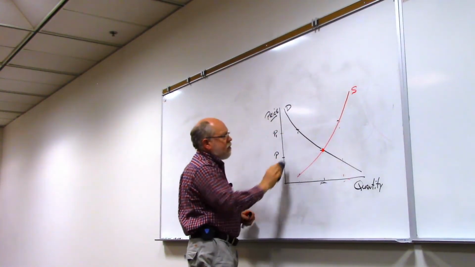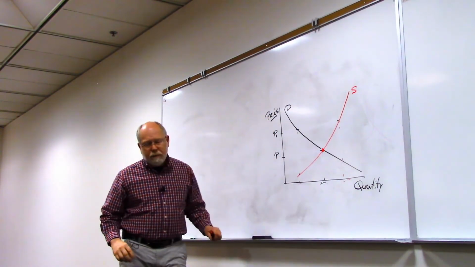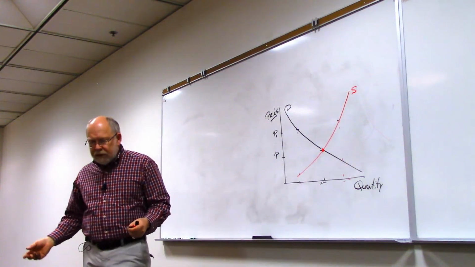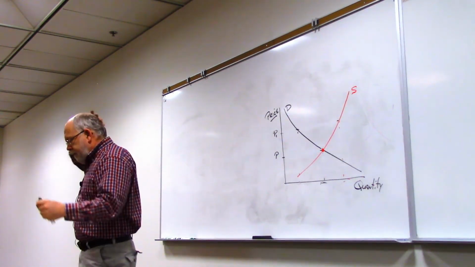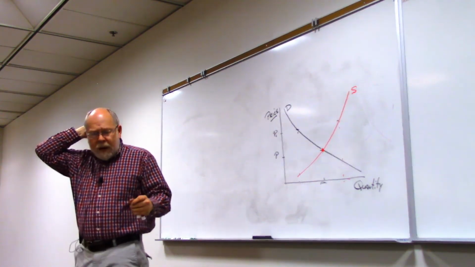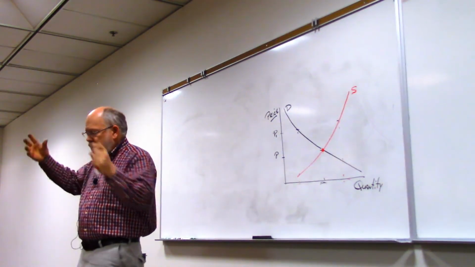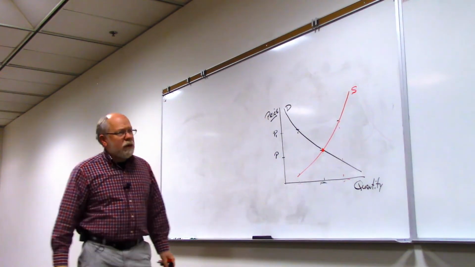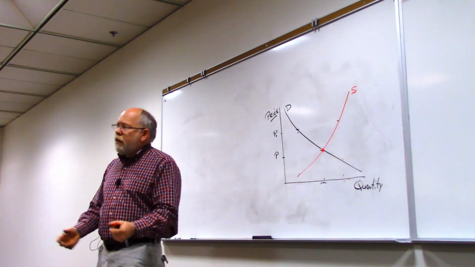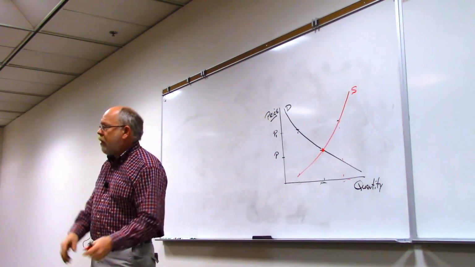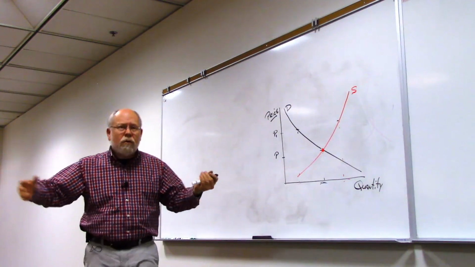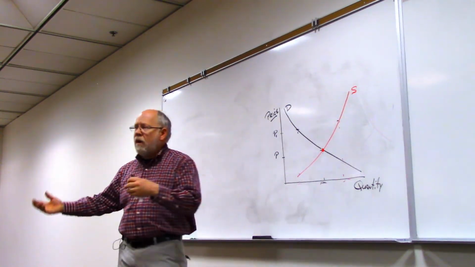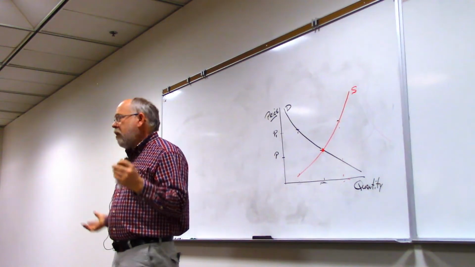The next point is that most economists, when you ask them a question, like, what's going to happen if Iran bottles up the Straits of Hormuz and crude oil can't come from the Middle East? What's going to happen to the price of gasoline, and what's going to happen to the equilibrium quantity? Are we going to have enough gasoline or not?